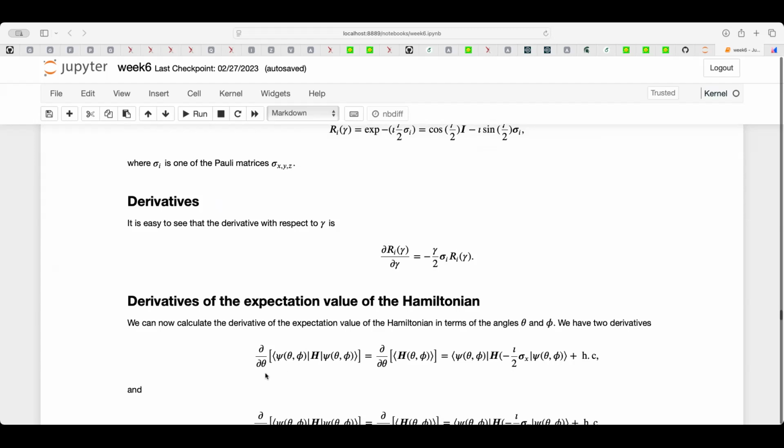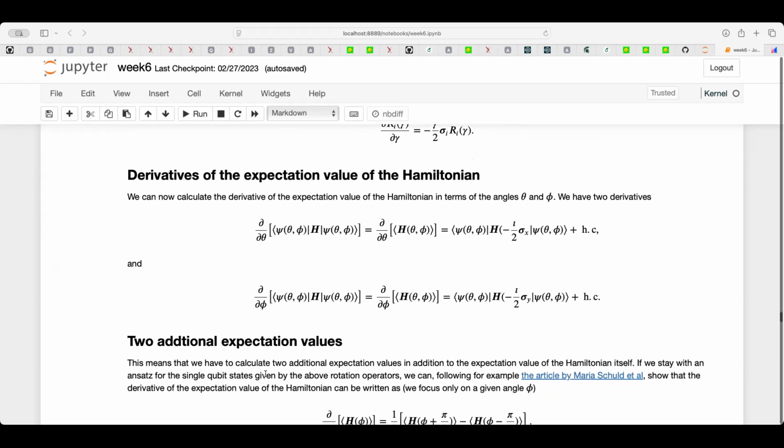What we need now is this expectation value, which you see here. So when I calculate this expectation value, I'm going to calculate the derivative with respect to the angle theta and with respect to the angle phi. The complication now, if you have more than one qubit, is that you will have more than just two angles.